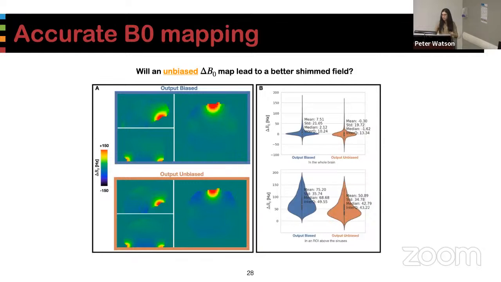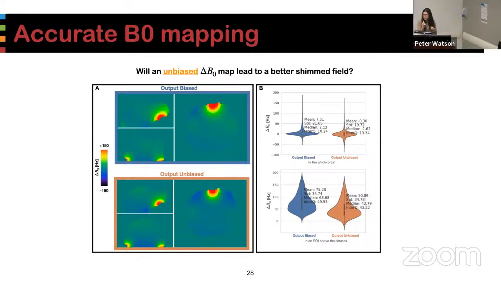So here are some results of the magnetic field. This is the magnetic field after shimming, first using the regular biased field map, and second using the unbiased field map, so our field map where we cancel the effect of eddy currents. We do see visibly there's a difference between the two, and the difference is mainly in the front of the brain.